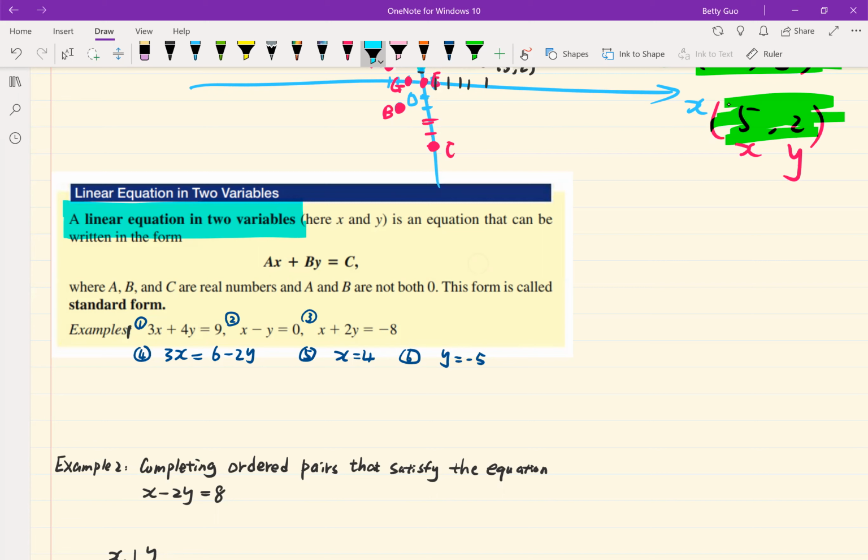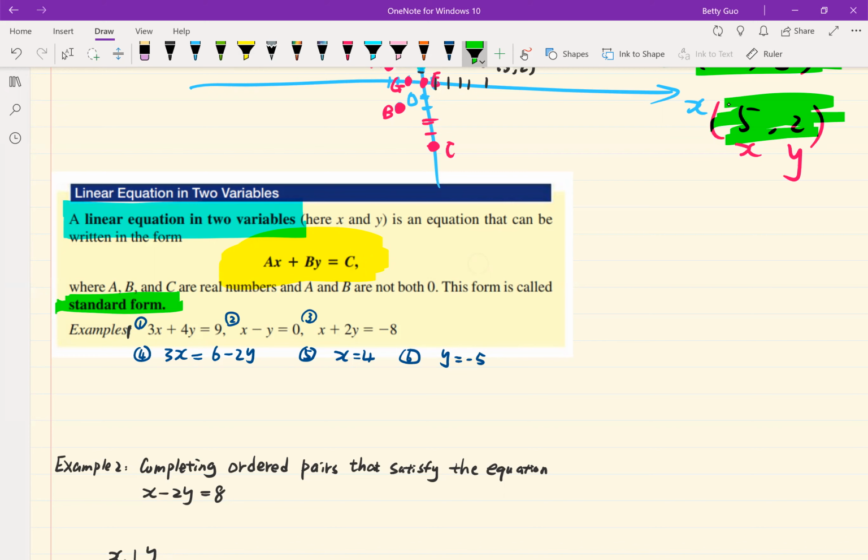First thing we need to know, this is a new friend, so what does the new friend look like? It looks like this. Any equation which can be written in the form ax plus by equals c is a linear equation in two variables. We call this equation the standard form of a linear equation in two variables.